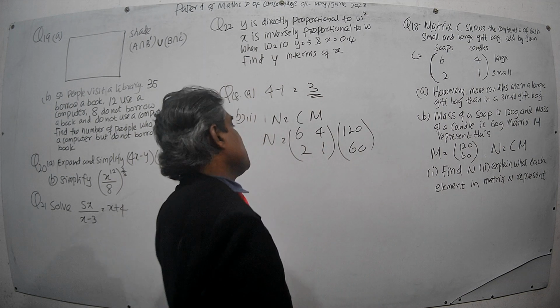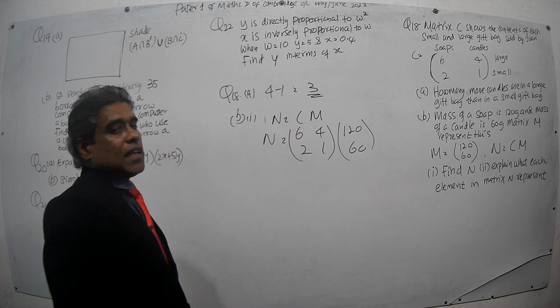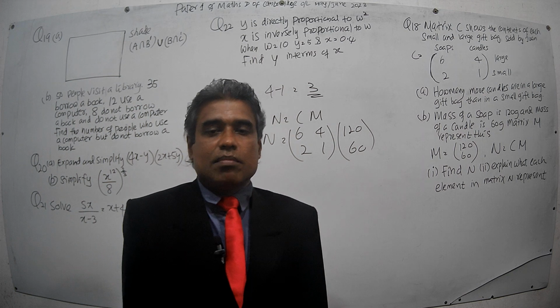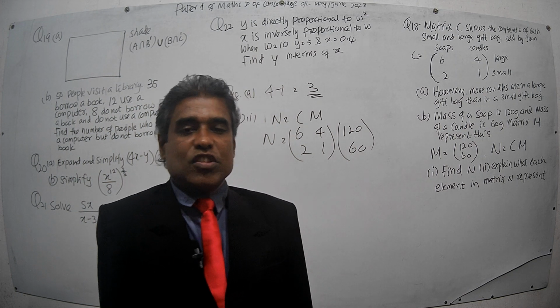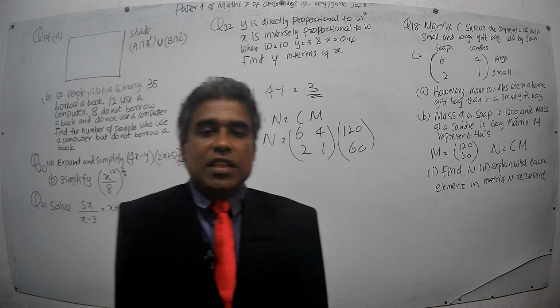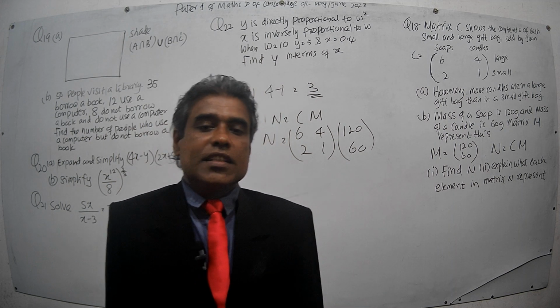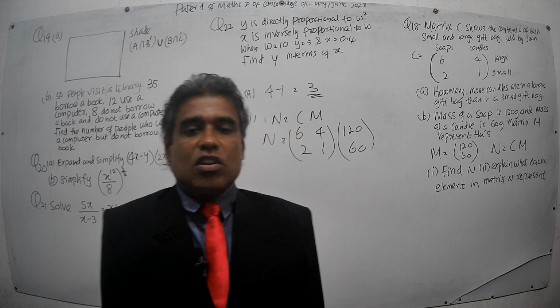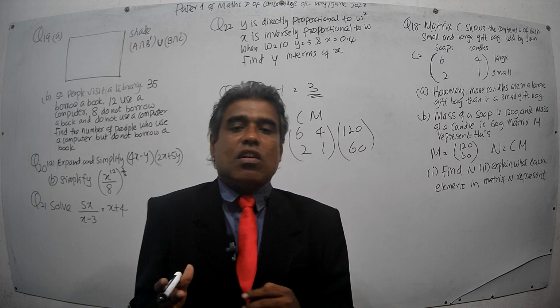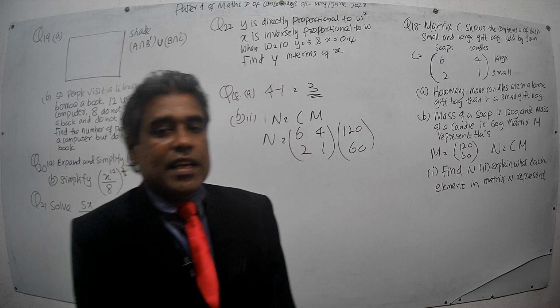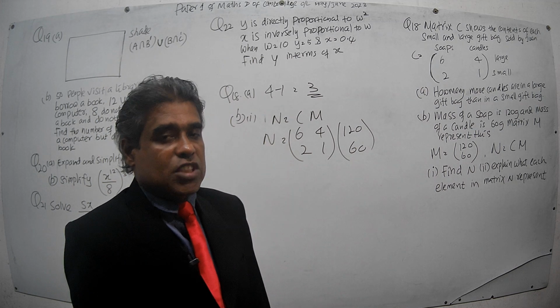Now, how do you multiply a matrix? There is a compatibility criterion for matrices. Matrix multiplication is not commutative. Commutative means, if you take general arithmetic multiplication, 2 into 3 is 6, and 3 into 2 also is 6. Although we change the positions of the numbers, the product does not change. That is called commutative. But in the case of matrices, matrix multiplication is not commutative.